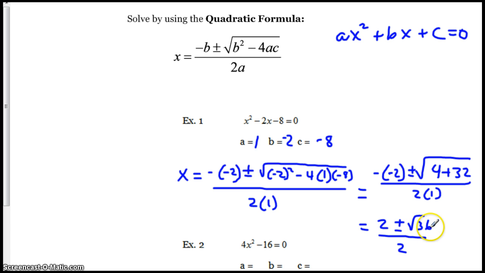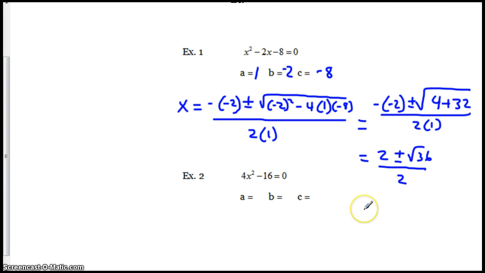Our square root of 36, remember, is 6. So we have 2 plus or minus 6 over 2. So that means we have a 2 plus 6 over 2 and a 2 minus 6 over 2.